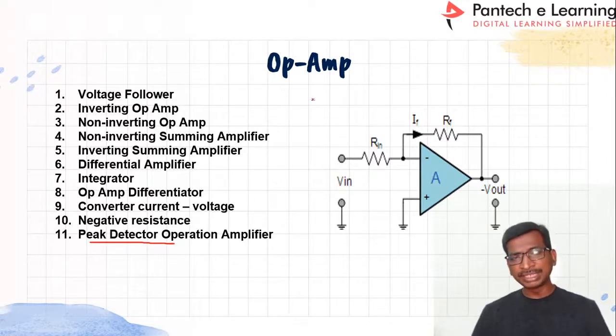Can you tell me the IC name of any one of the op amps? Yes, IC 741 is the best example of an op amp. Any other?